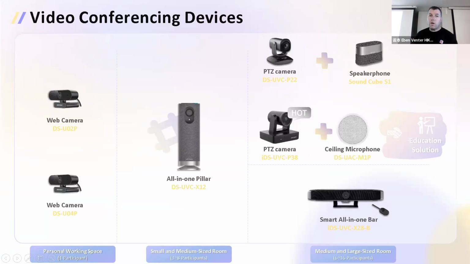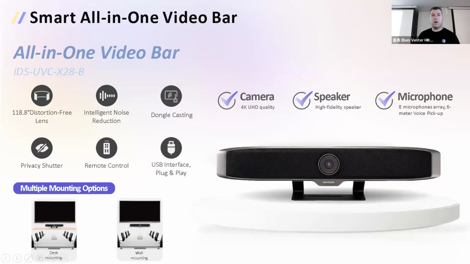That all-in-one bar that I'm using here in the front, that thing is really cool. You've got almost a 120 field of view area. You've got wonderful speakers built in there, microphones in there. If I'm not mistaken, I think it was 8 microphones. I use it for all my recordings.